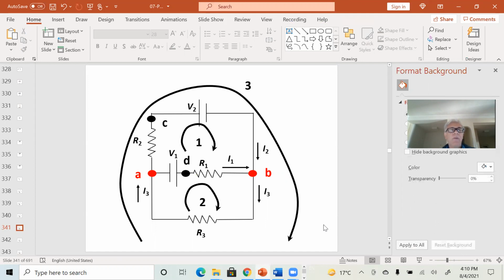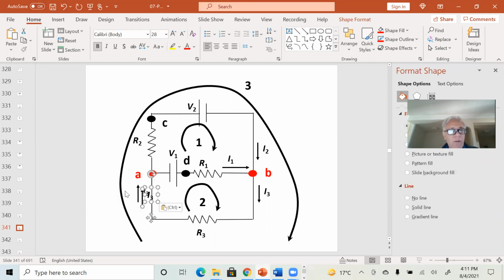That's where I3 is moving. At node A, I1 is moving away from A, and I2 is moving upwards. So what's happening here is the following: I3 is coming here and splitting into I2 and I1. Let me get the I2 there as well, so it makes it easier for you to visualize.